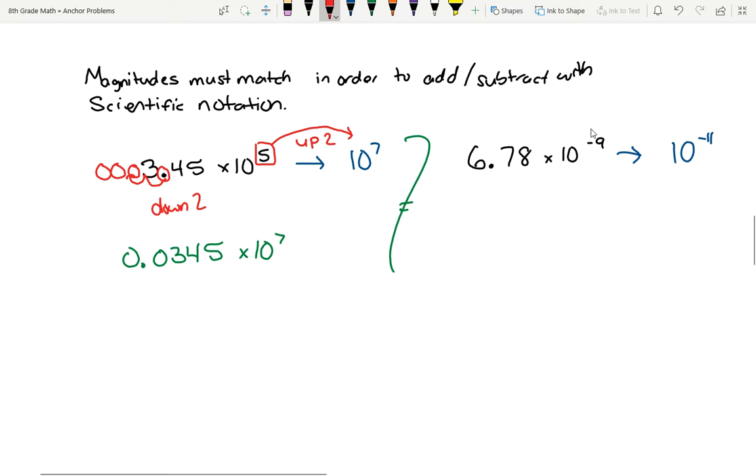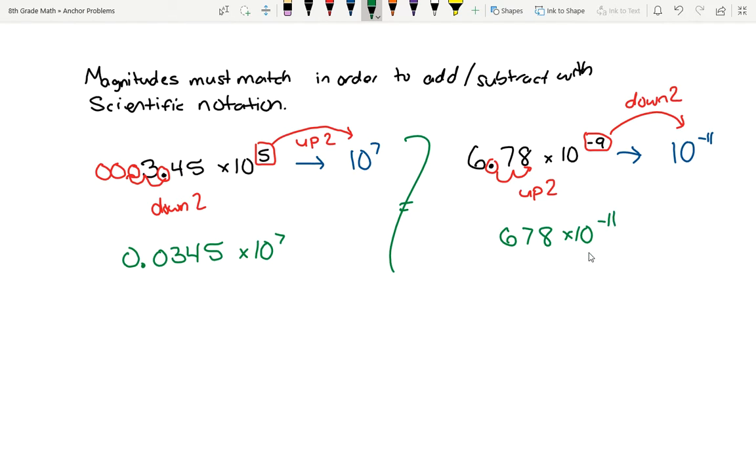Well, to go from negative 9 to negative 11, that's going down 2, which means this is going to have to go up 2, larger by 2, to make it match. So 6.78 times 10 to the negative 9th is equivalent to 678 times 10 to the negative 11th. And again, that's just to move them back and forth in the course of solving questions here.